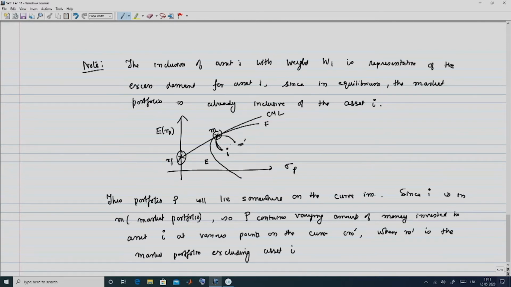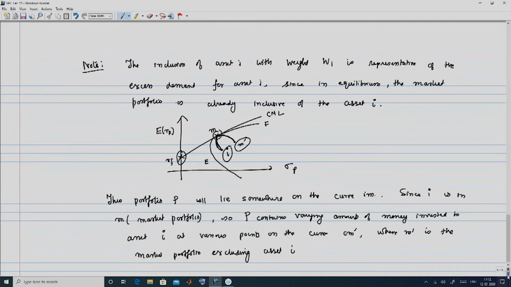If you are invested in a combination of the ith asset and the market portfolio, then you are essentially lying on this curve, not the line but rather the curve, and here is this M prime that you have. So, this I is an exclusive investment in the ith asset, and this M prime is a portfolio which is the same as the market portfolio, except that it does not include the ith asset.